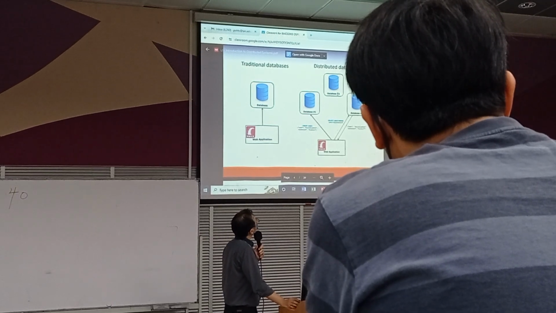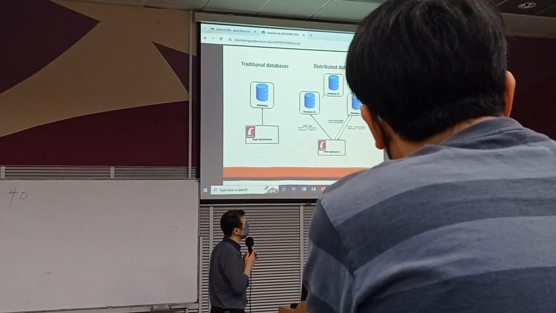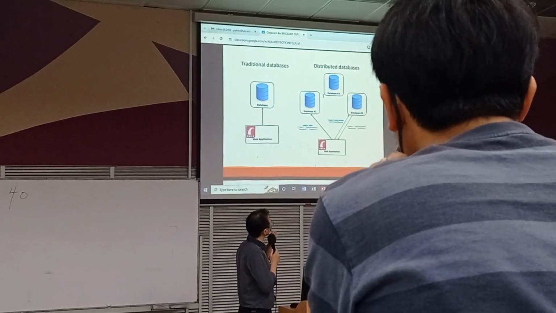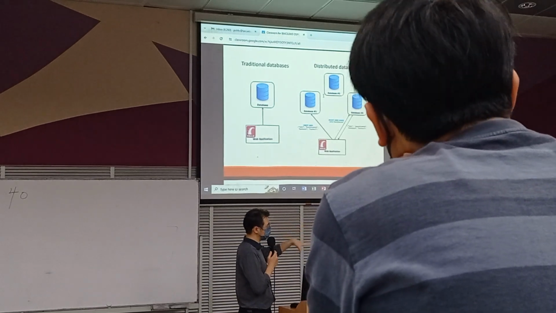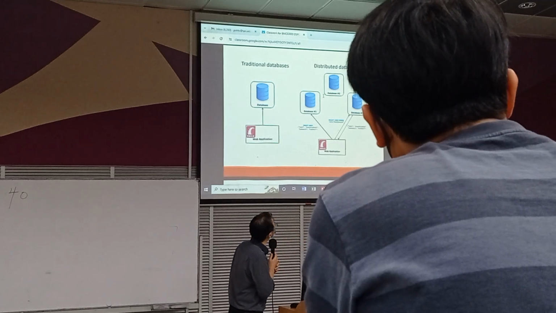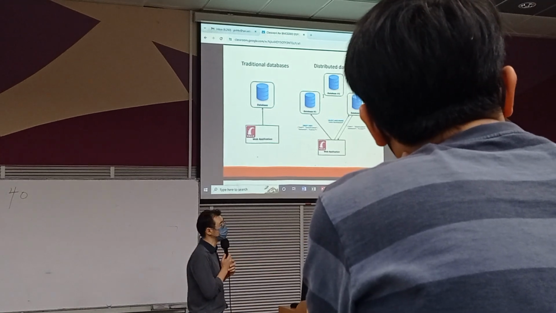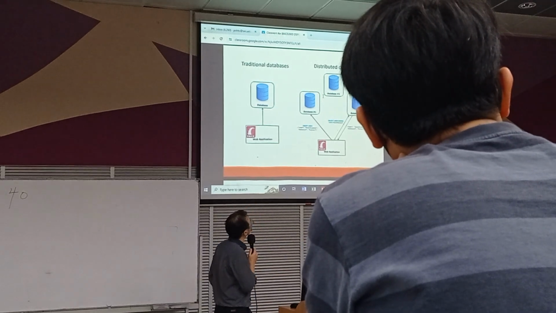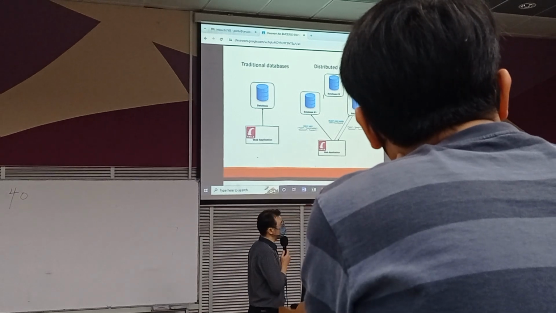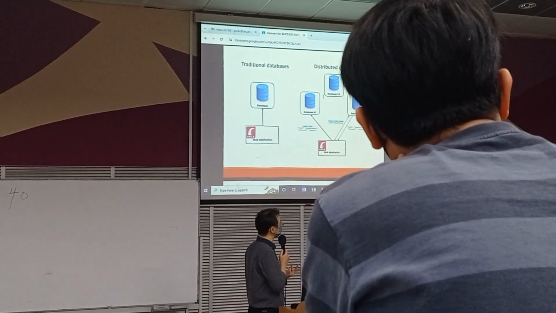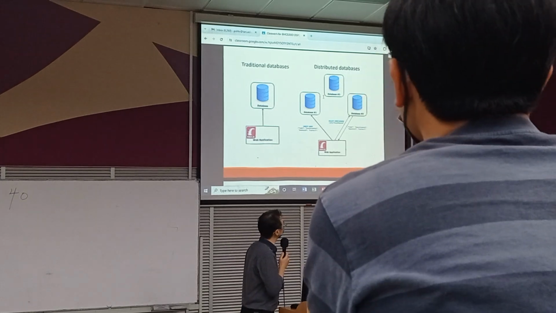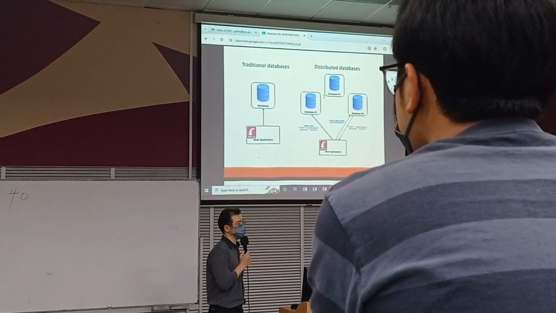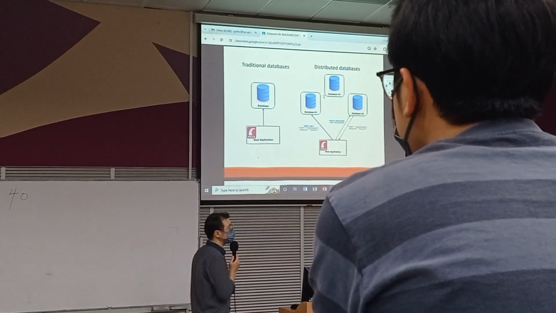Another good thing about a distributed system is that you can put it in one specific location or distribute it across different countries. Let's say database tree A is in Japan, and tree B contains the same information but is not in Japan but in Malaysia. Okay, why is it good?